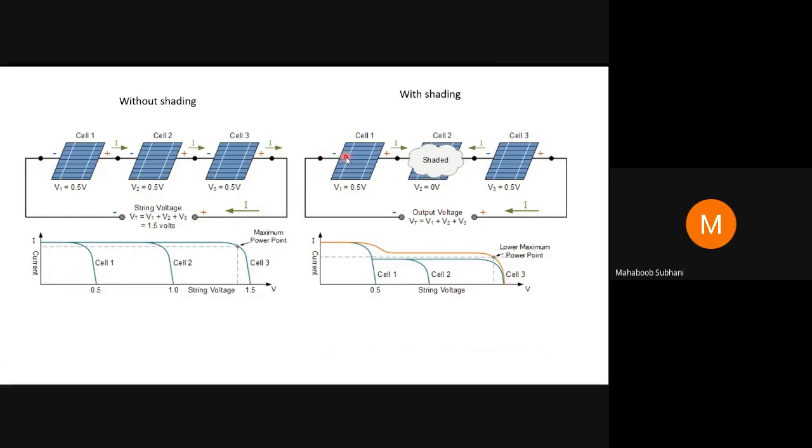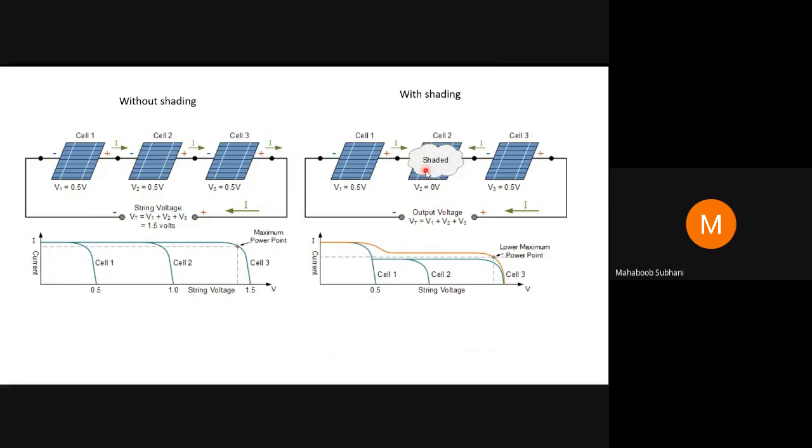See, initially we know in a series connection the positive terminal is connected to the negative of the second cell, and the positive terminal of the second cell is connected to the negative terminal of cell 3. Now, once this is shaded, we know that this will stop producing electrical energy.